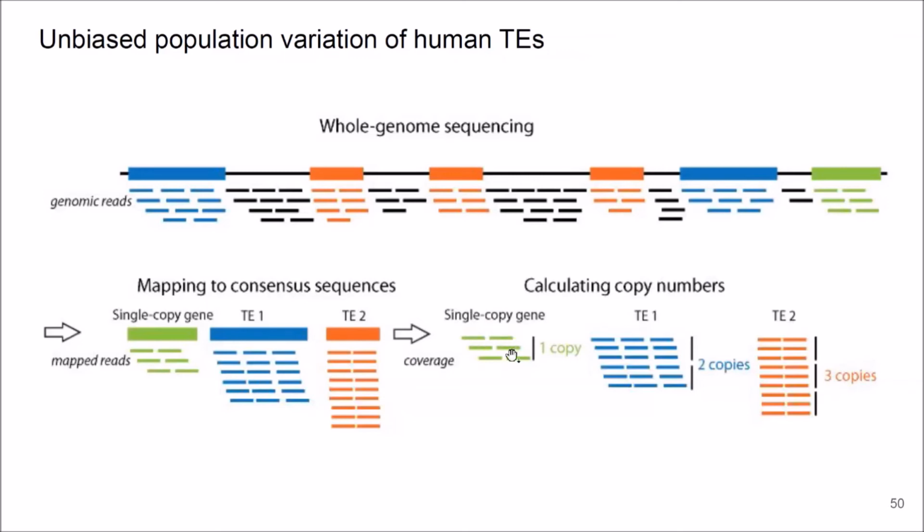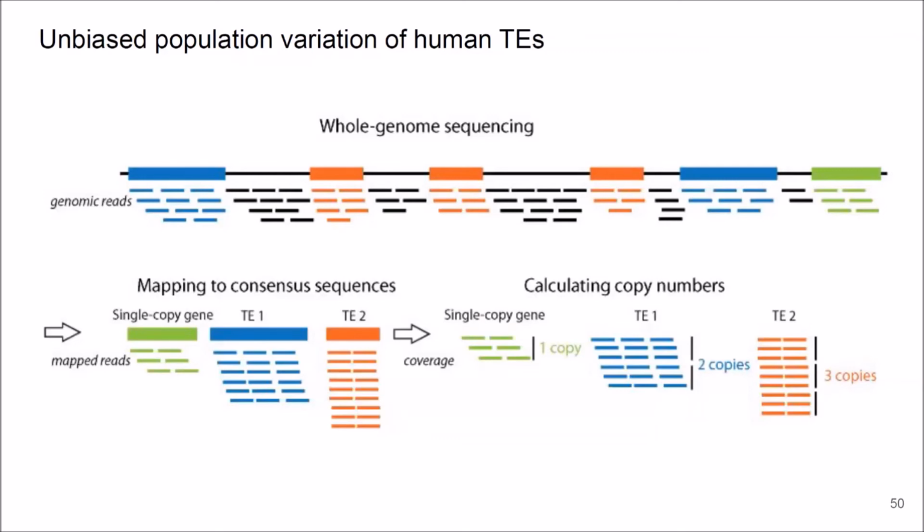If a normalized coverage of 1 based on a single copy gene is compared to something that is twice as abundant, that would imply that a TE has 2 copies in the genome, 3 times as abundant, 3 copies, and so on.